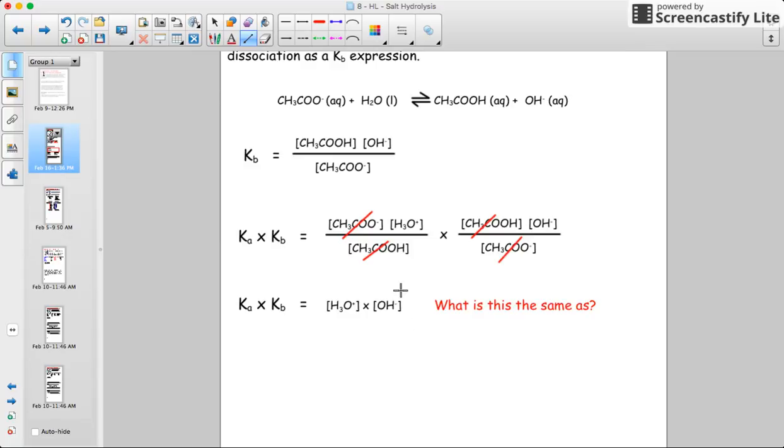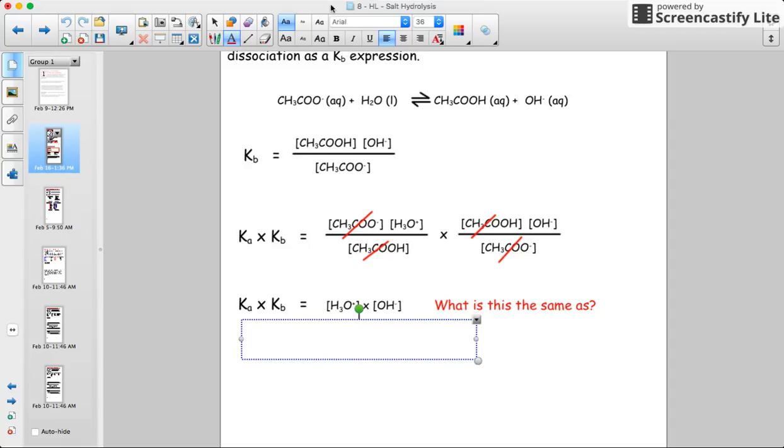And this is the exact same as another expression that you've learned, which is the Kw. Kw equals H3O plus times OH minus. And Kw always equals 1 times 10 to the minus 14.